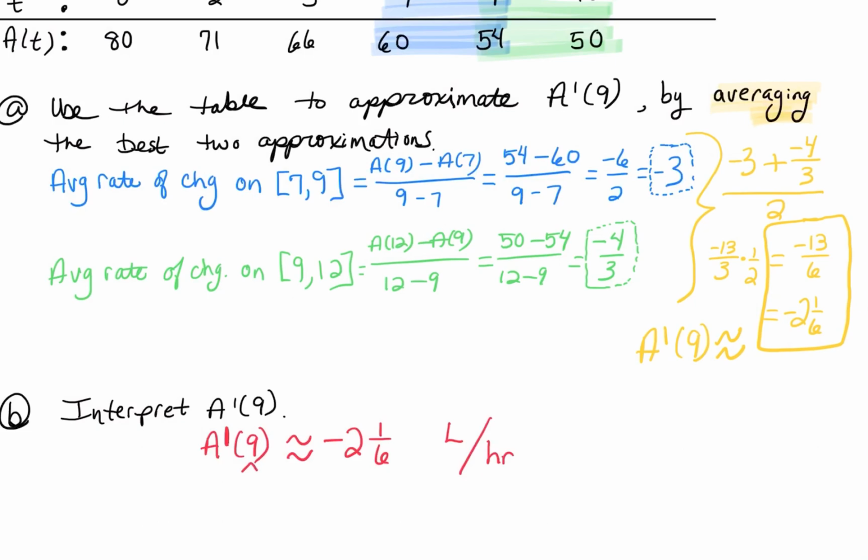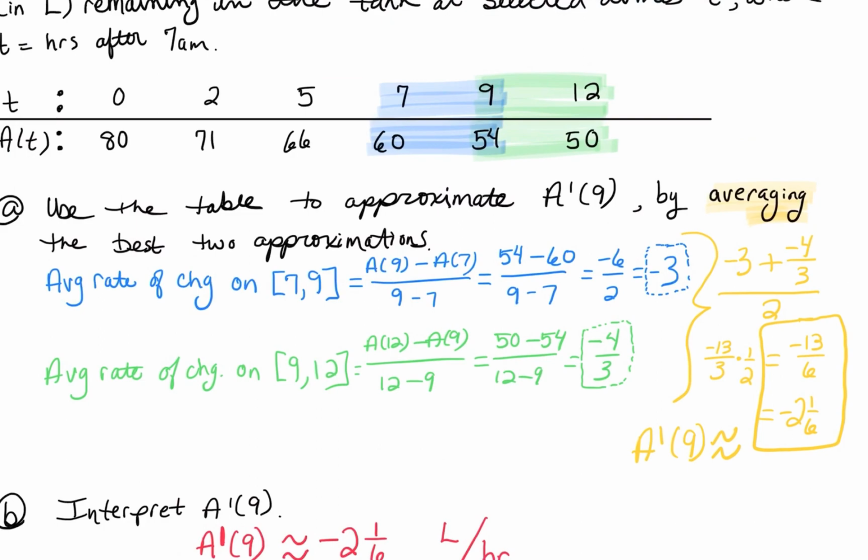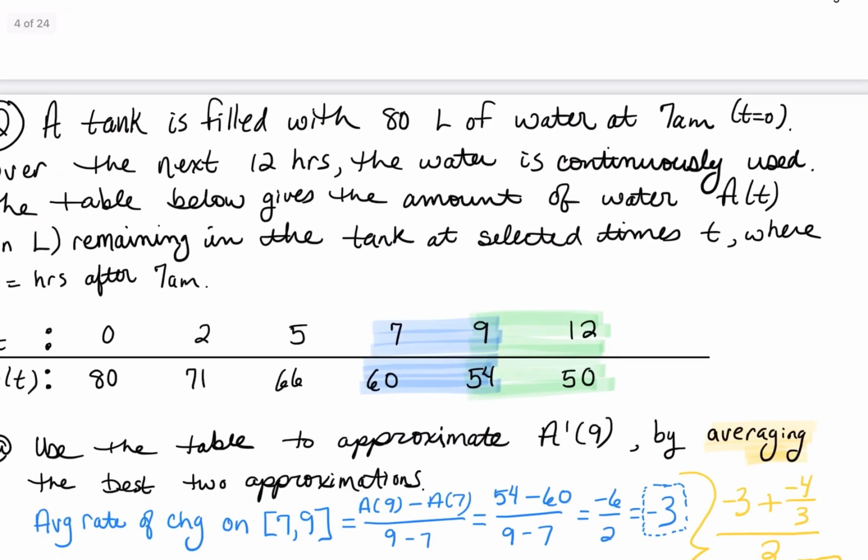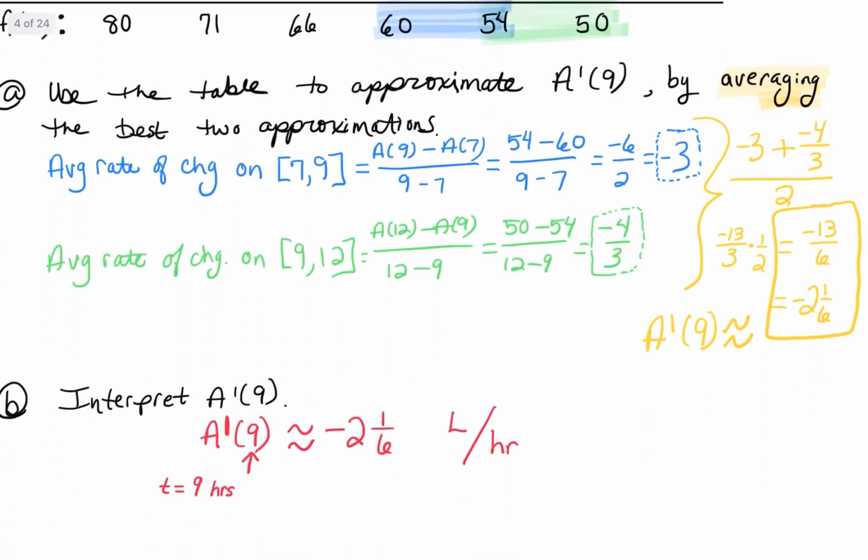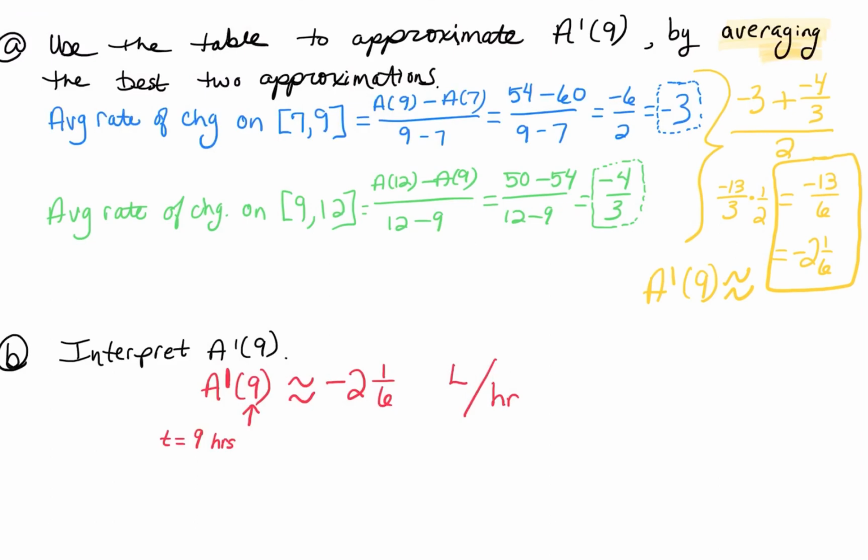Now, in practical terms, t equals 9 was the number of hours after 7 a.m.